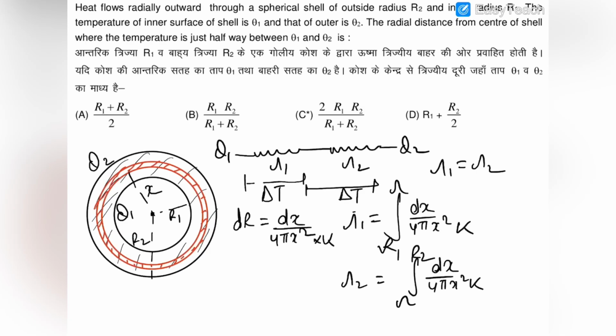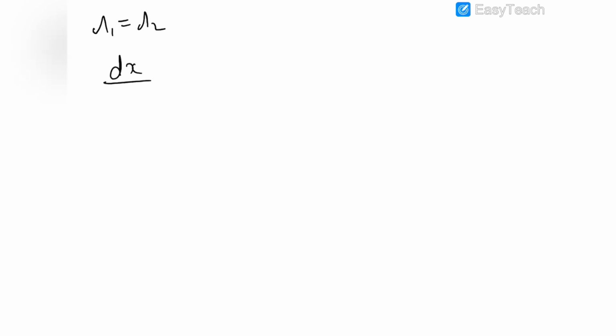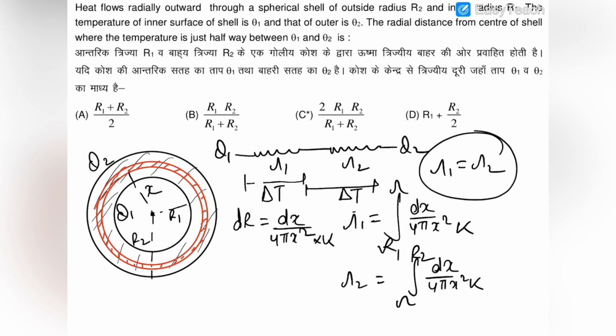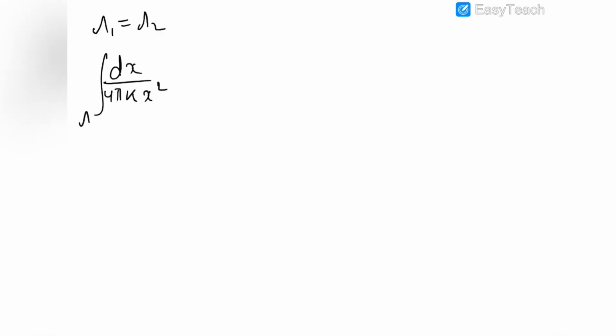So when we integrate these two and equate them, because r1 will be equal to r2, as we have already concluded, we can write down that integration of dx upon 4 pi k x square from R1 to r is equal to integration of dx upon 4 pi k x square from r to R2.